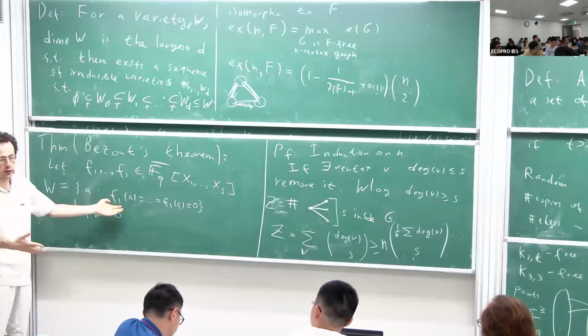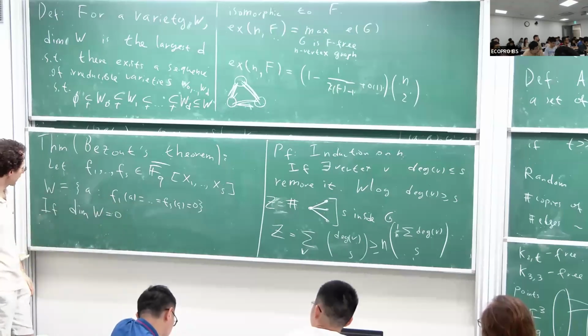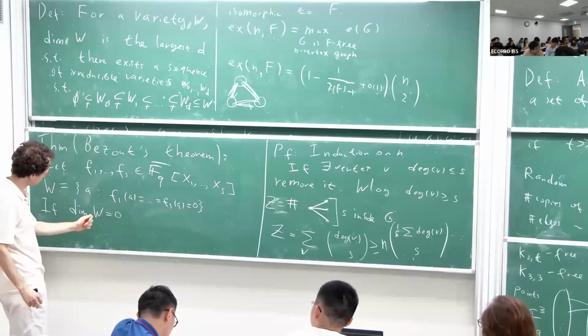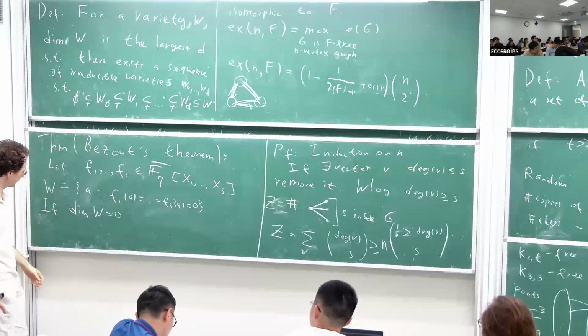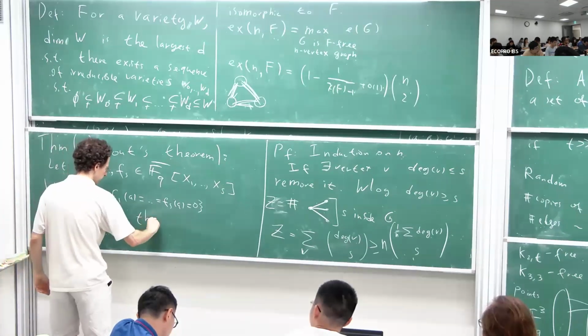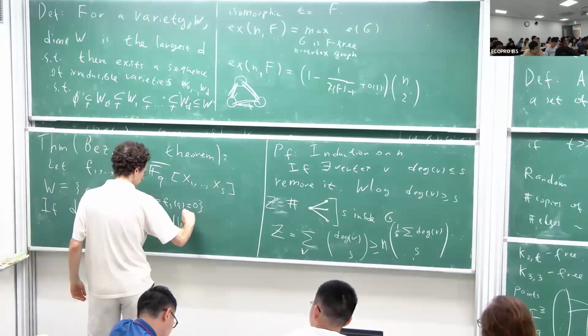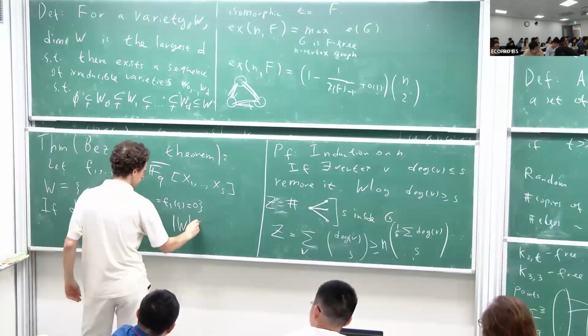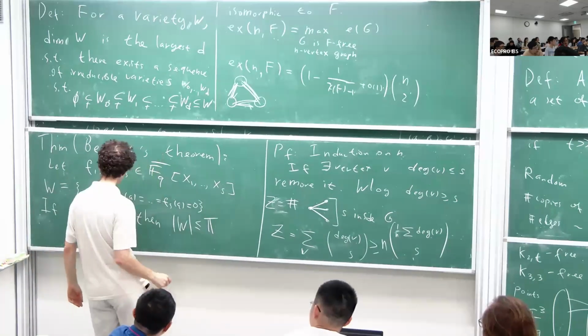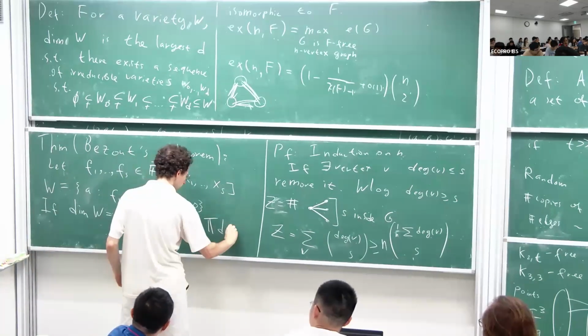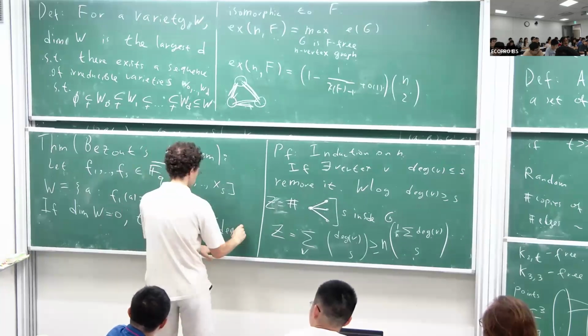Maybe these are the same equations, right? It can definitely happen. But if the dimension is 0, then it's a finite set of points of cardinality at most the product of the degrees of these polynomials.